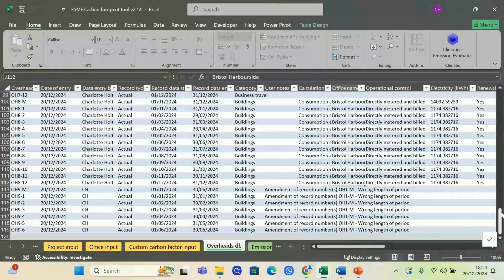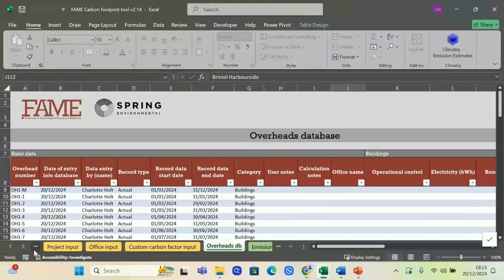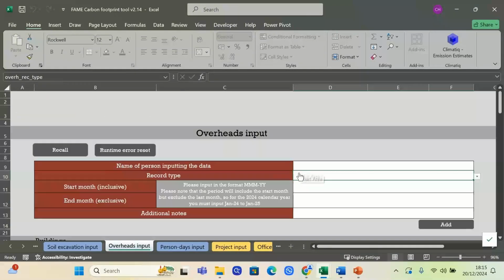So yes, that's the overheads input. I think that's everything.